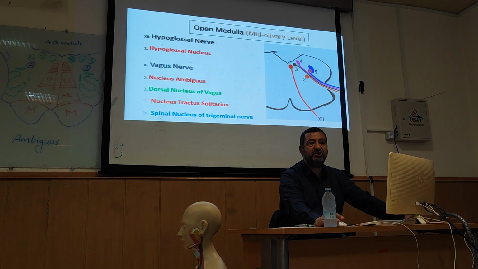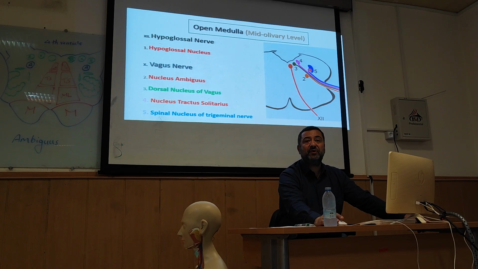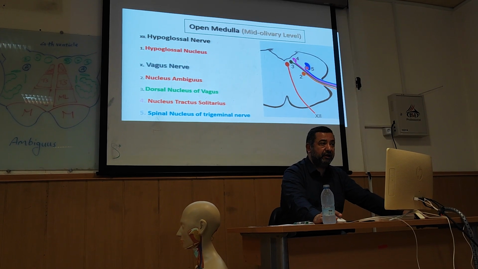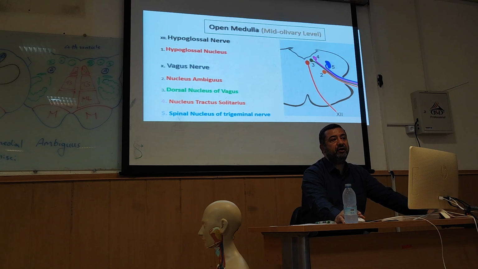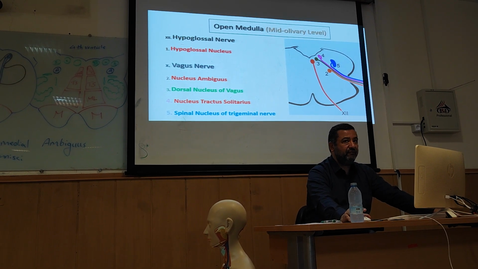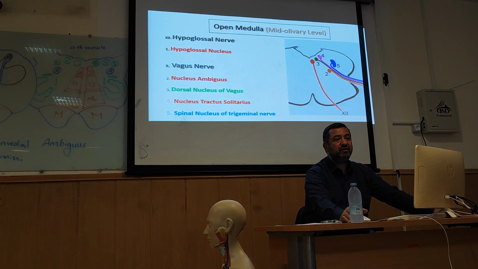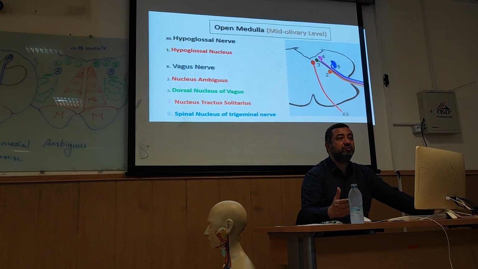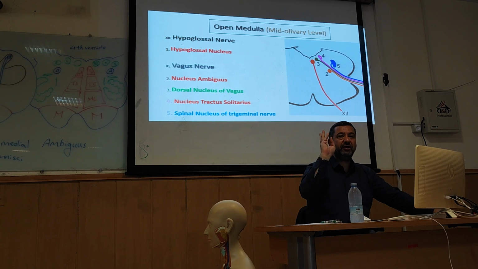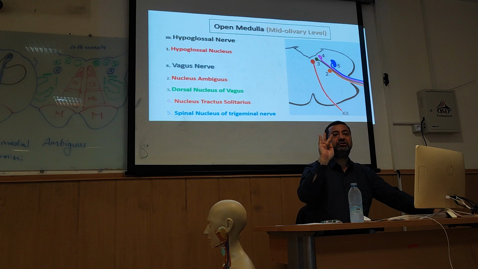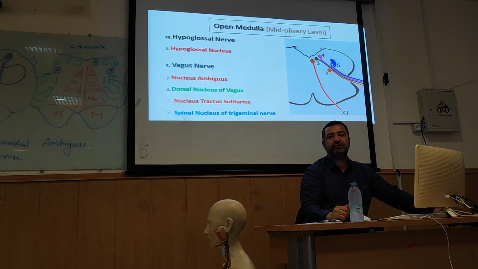And general sensory nucleus is spinal nucleus of the trigeminal nerve. I will ask you about these nuclei. Vagus has 4 nuclei: ambiguus, dorsal nucleus of the vagus, solitarius, and spinal nucleus of the trigeminal nerve.